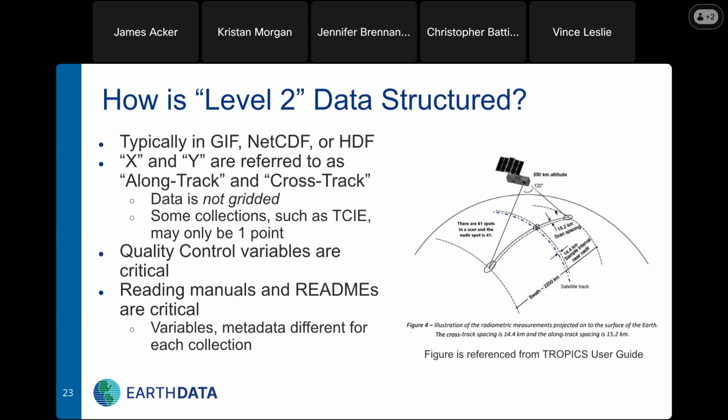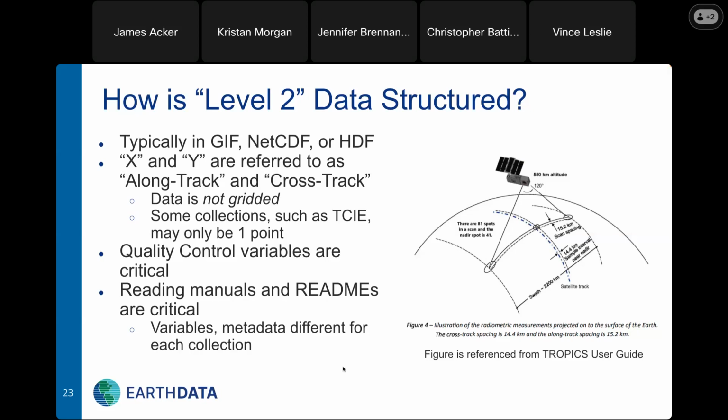Because all that does is it stores the along track and the cross track rectangle of basically where those latitude and longitude scans are. So that is just something to keep in mind with this level 2 data.